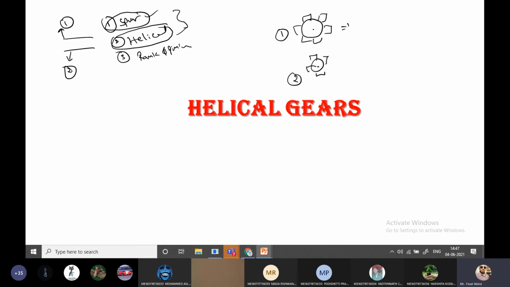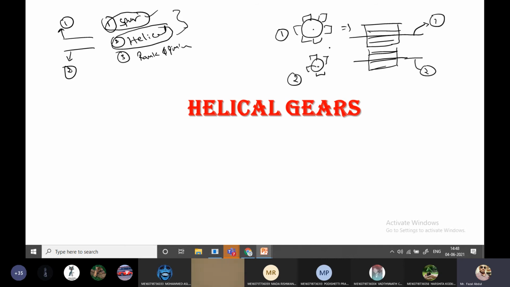If I draw the side view of this, this is the axis of the driver, this is the axis of the follower, driven. This is the spur gear.